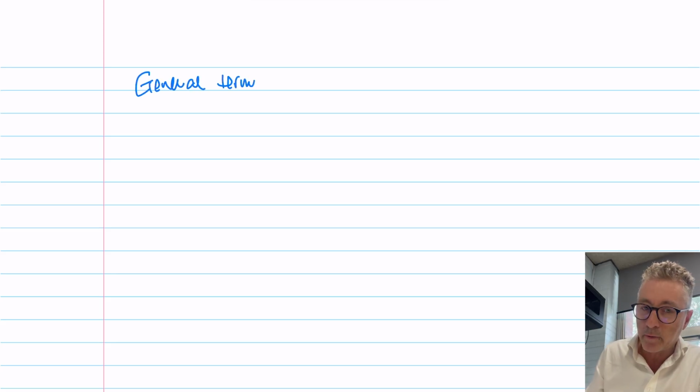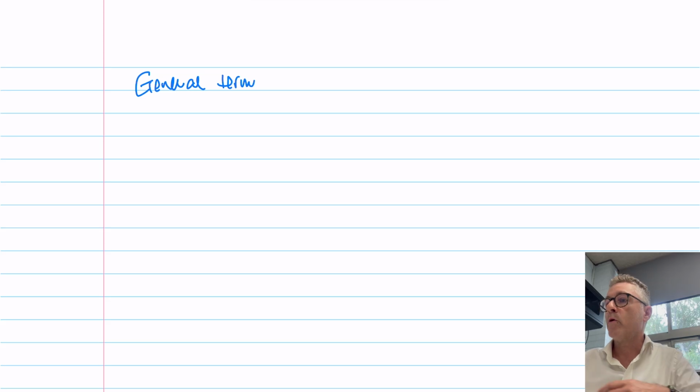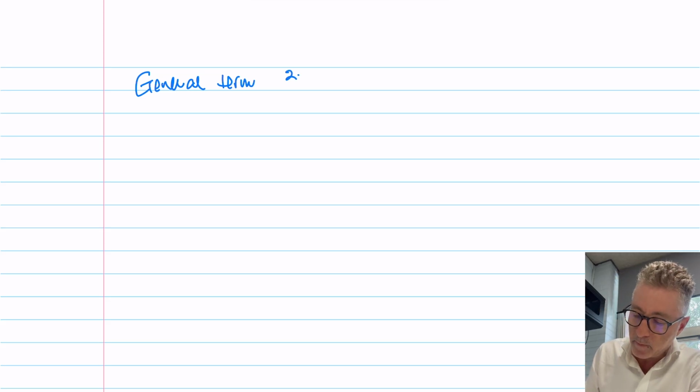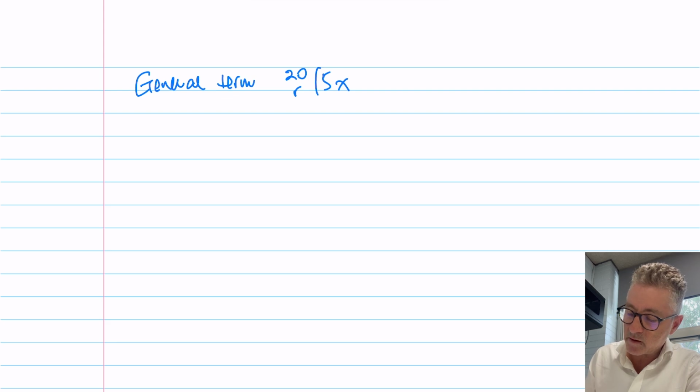Here's how I started to do this. I said the general term with r as the incrementing variable would be 20 choose r, times (5x)^(20-r), times 2^r.